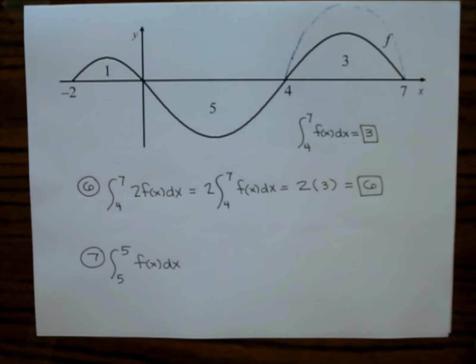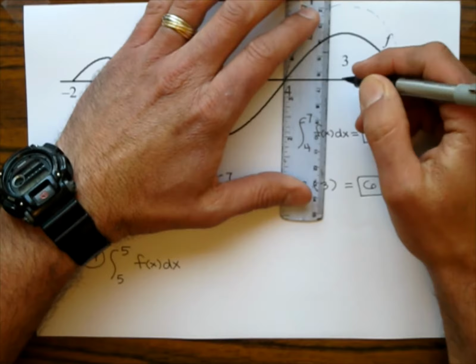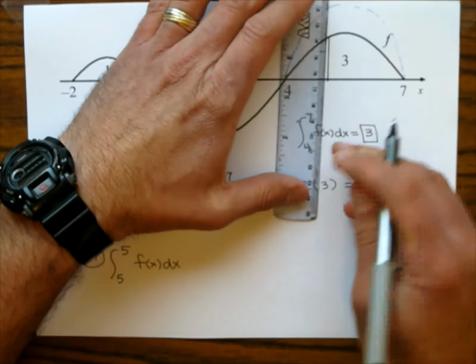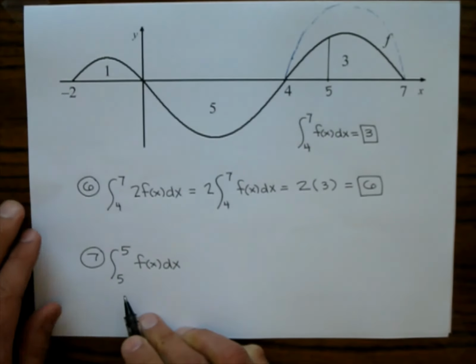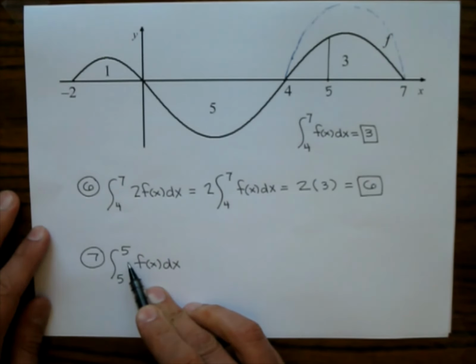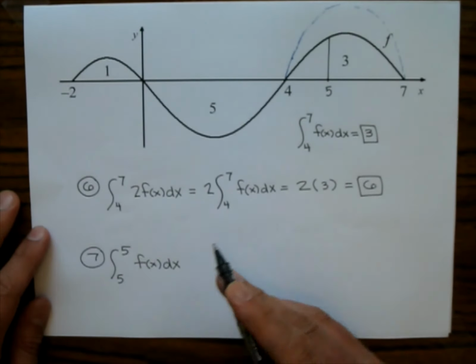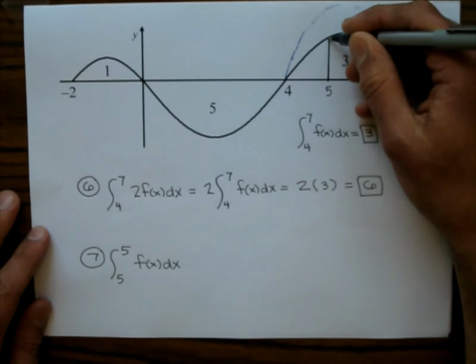Let's go ahead and do problem number 7. Now this one is really weird. Okay, I'm going to go ahead and put 5 here again. 5. Now where is this integral going from? It's going from 5 to 5. Wow, we sure went far. So going from 5 to 5, you have this region here.